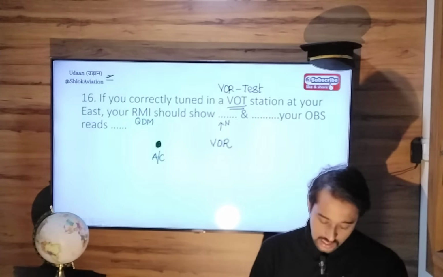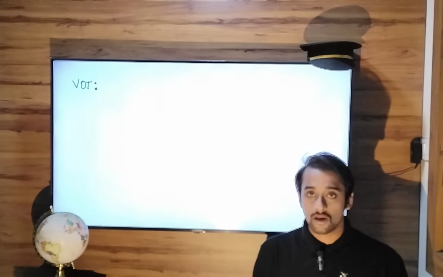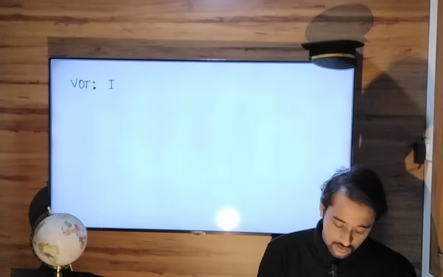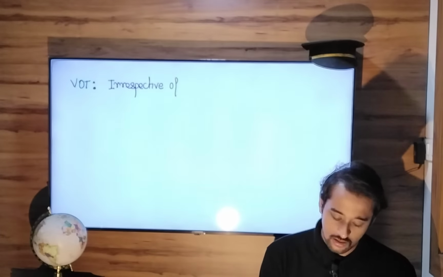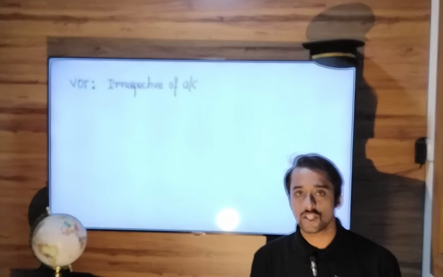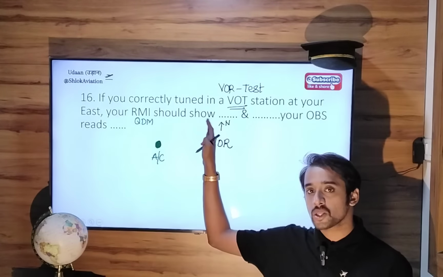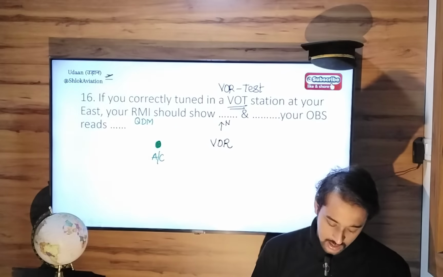Now you have to remember this point with respect to VOT stations. Irrespective of aircraft position, means aircraft may be to the west of VOR, to the north of VOR, east of VOR, southeast of VOR, that doesn't matter.